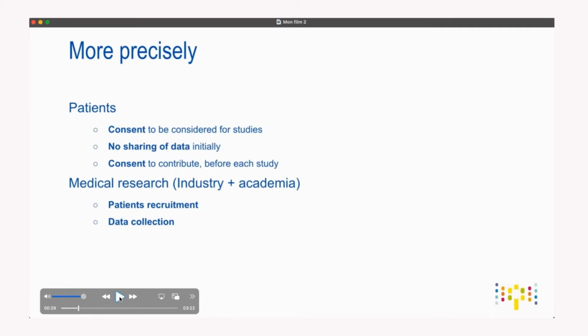Of course, when a patient can be included in a study, they will need to consent to sharing specific data elements to the sponsors of this study. So, of course, for medical research players, there's two main use cases, recruitment of patients and data collection, which we will address very quickly.